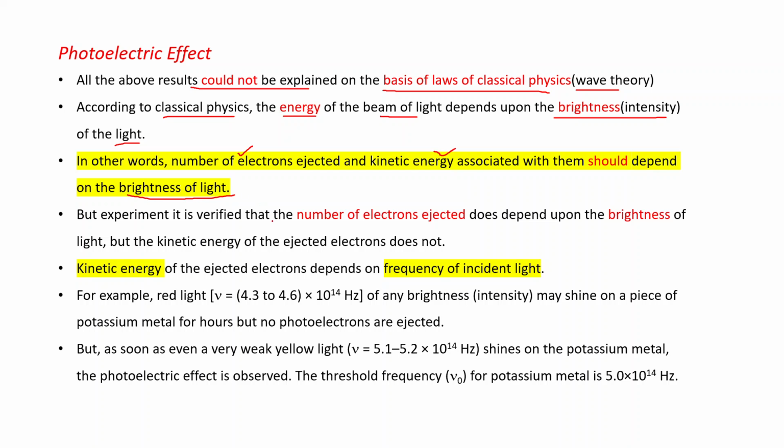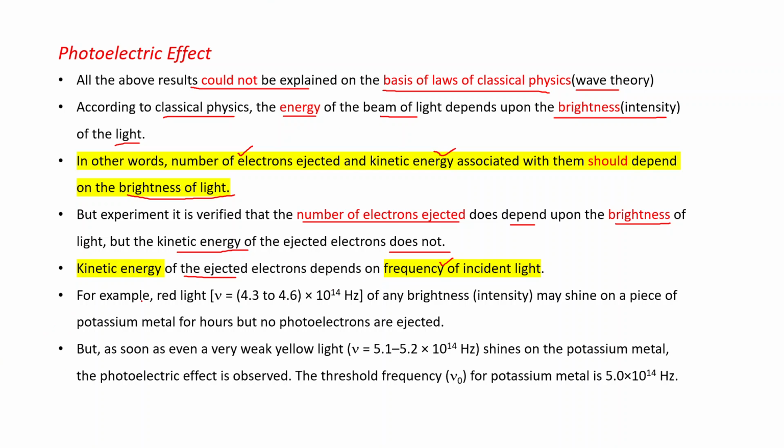But practically, it is verified that the number of electrons ejected does depend upon the brightness of light, but the kinetic energy of the ejected electron does not depend on the brightness. Kinetic energy of the ejected electrons depends on frequency of incident light.